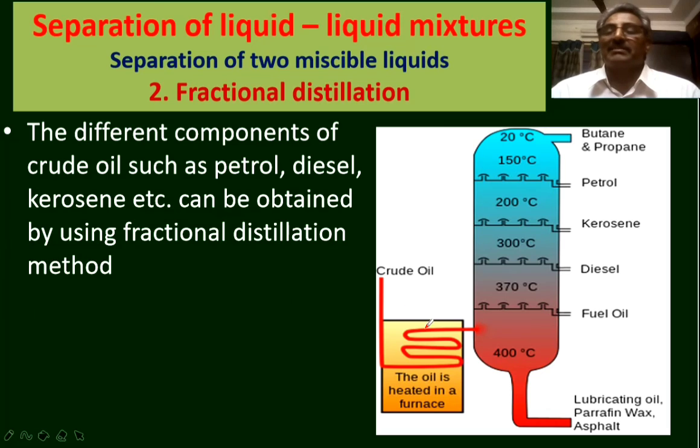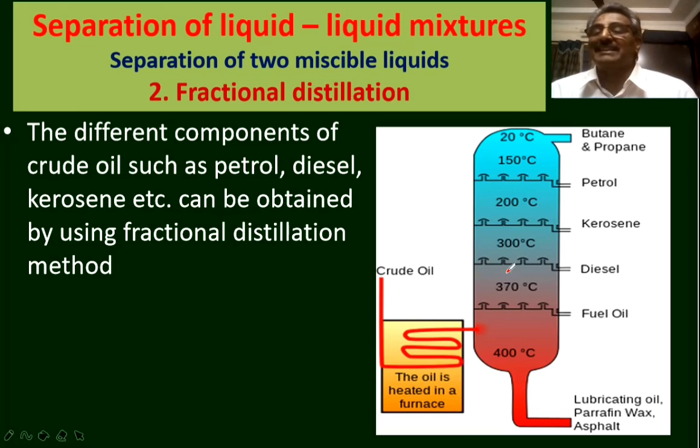The vapors of petroleum are allowed to pass through the fractionating tower from bottom to top. When we move from bottom to top, the temperature gradually decreases. The components of higher boiling points condense first, whereas the components of lower boiling points move up.